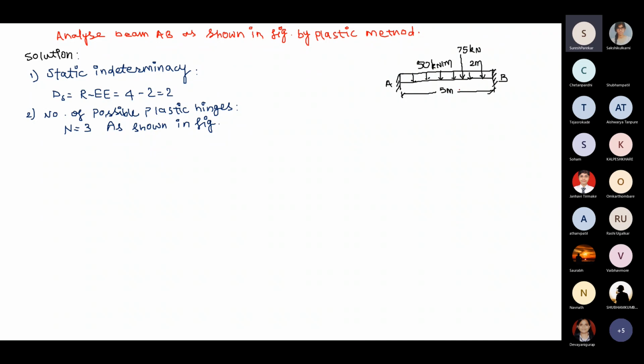UDL चं फिक्स नाहीये कुठे फॉर्म होईल, कारण it is not symmetrical with center now. हा 75 किलो न्यूटन लोड आल्यामुळे हा सिमेट्रिकल नाही आहे, आणि त्याच्यामुळे इथे 2 फॉर्म होणार नाही आहे. आणि दुसरा फॉर्म तुम्ही जर कॉन्सन्ट्रेटेड लोडच्या अंडर कन्सिडर केला तर UDL चा कुठे कन्सिडर करणार आहे? And therefore here we have 3 only.